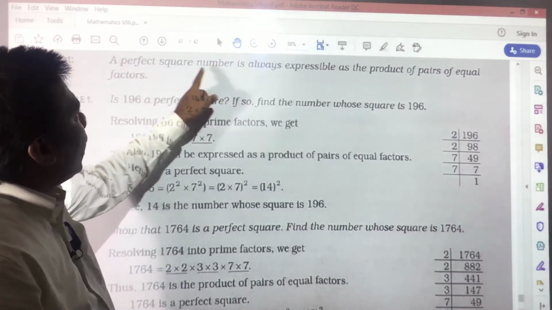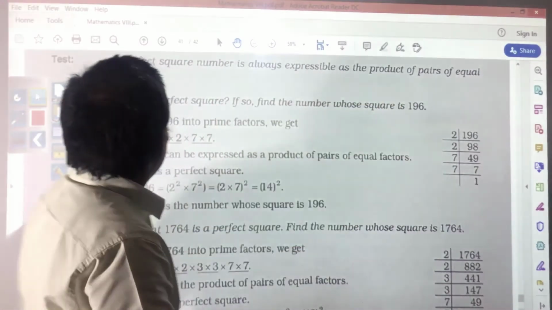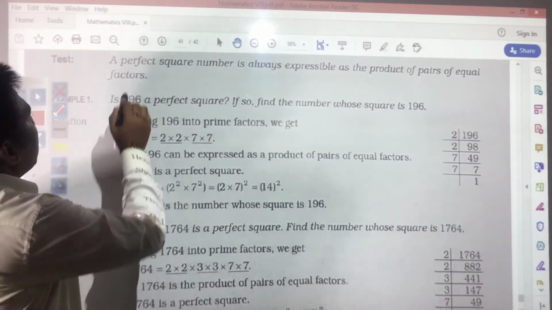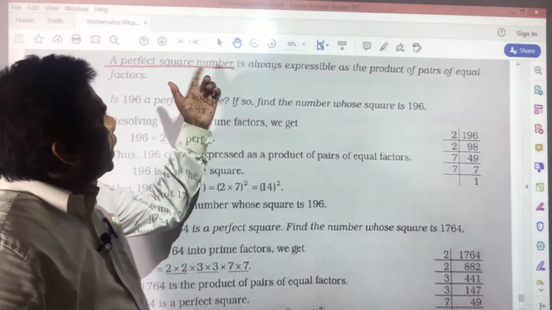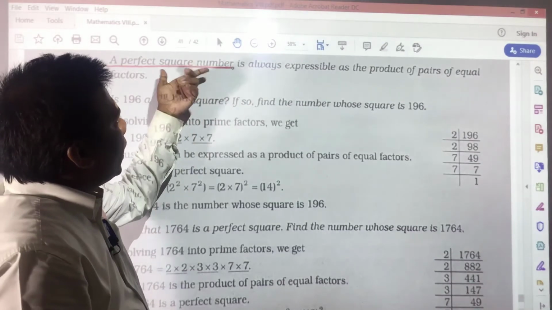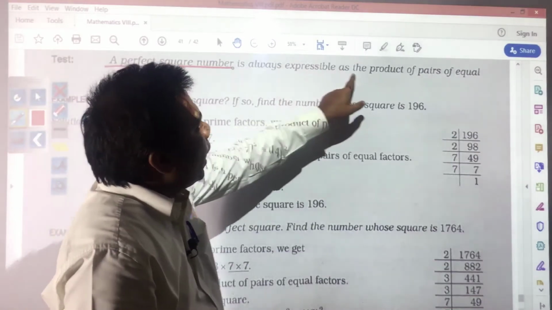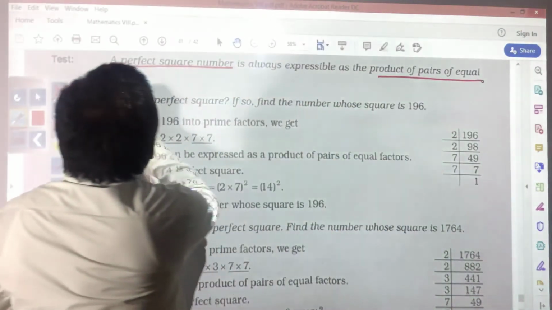A perfect square number is always expressible as the product of pairs of equal factors. This is very important. If a number is said to be a perfect square, it means it must be expressible as the product of pairs of equal factors.